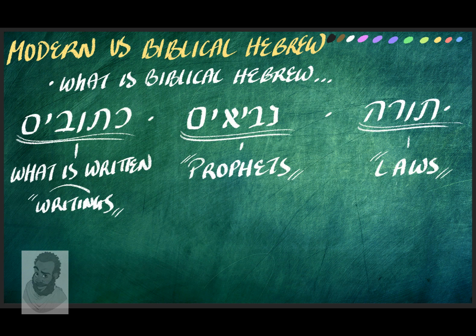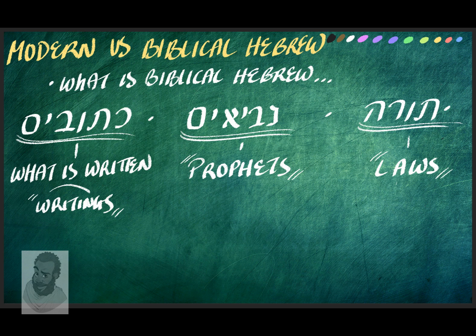So if you look here, there is the Torah, Nevi'im, and Kesuvim. Torah are the laws, Nevi'im are the prophets, and Kesuvim is what is written, or sometimes known as writings.